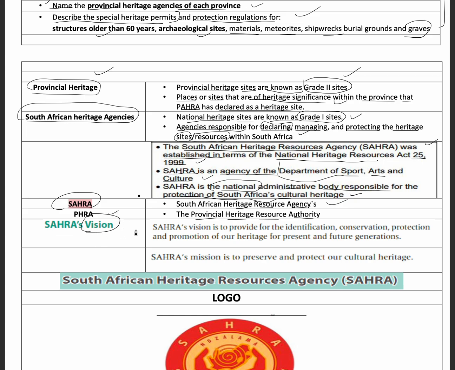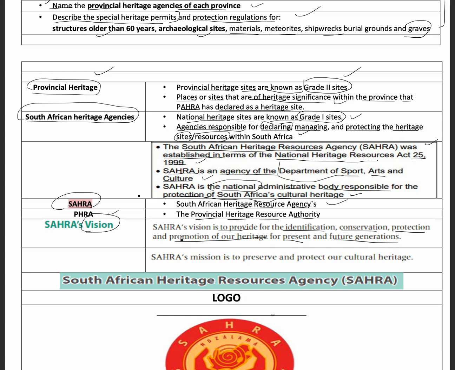So the vision of the South African Heritage Resource Agency is to provide for the identification, conservation, protection and promotion of our heritage for the present and the future generation.